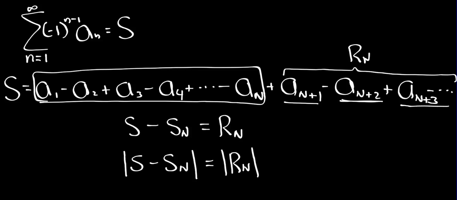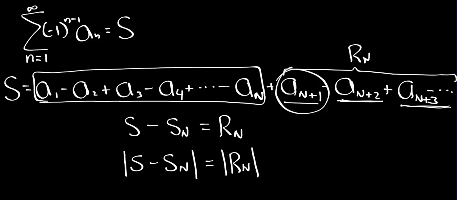But don't worry, you're adding back A sub n plus 3. But you're not adding back as much as you subtracted off, right? A sub n plus 2 is bigger than A sub n plus 3. So you subtract off A sub n plus 2, and you don't add back enough to make up for that. So the biggest this remainder can ever be is A sub n plus 1.